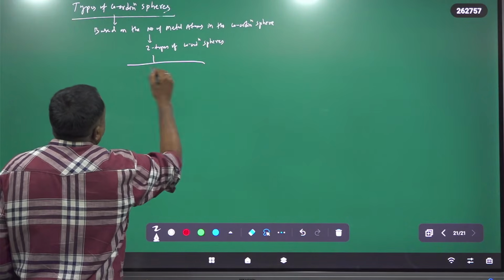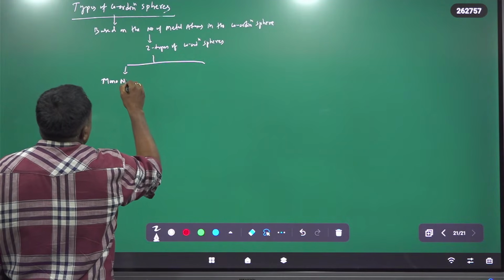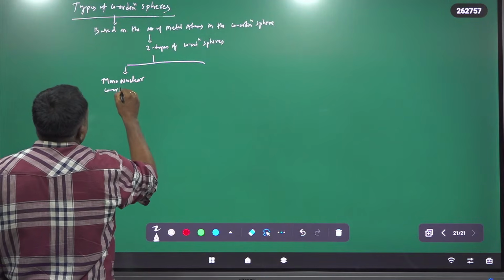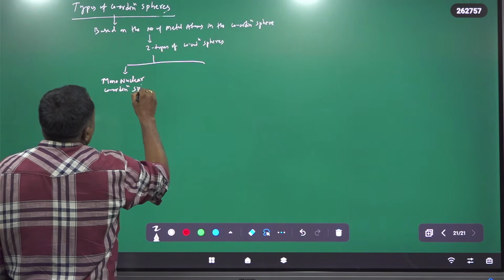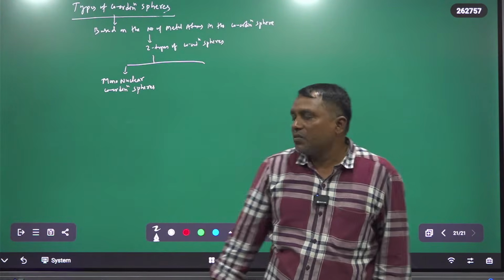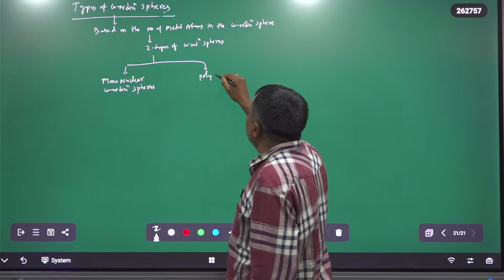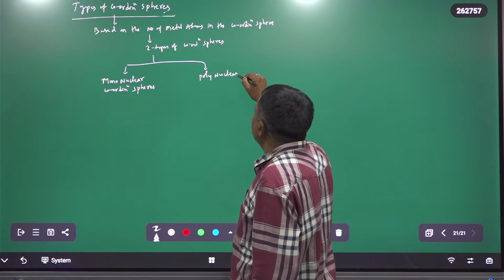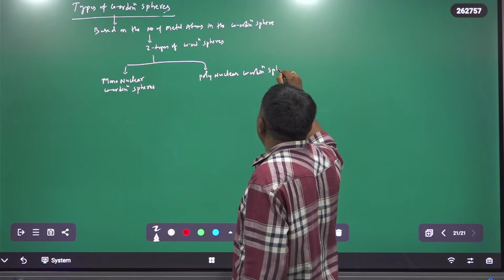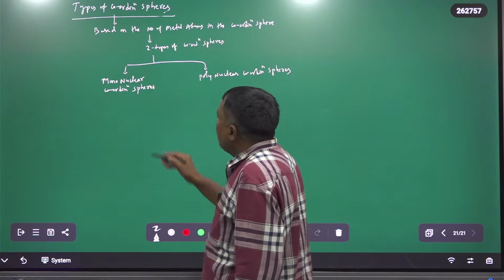One is the mononuclear coordination sphere. Mononuclear coordination spheres means mononuclear complex compounds. And second is the binuclear or polynuclear coordination spheres, or polynuclear complexes.